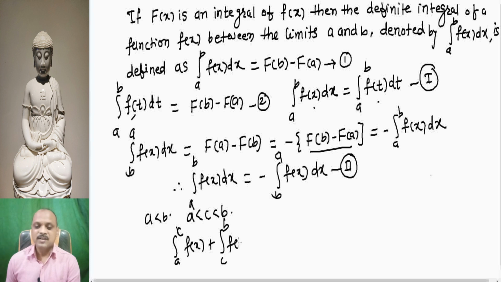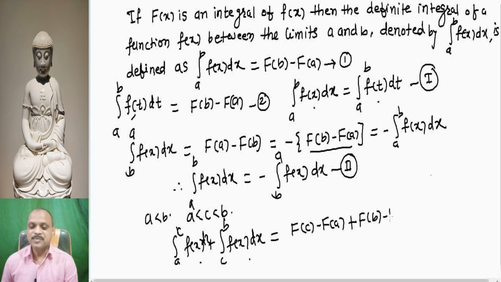By definition, the value of the first term is F of c minus F of a, plus the value of the second term, F of b minus F of c. Then you can see that plus F of c and minus F of c cancel and we have F of b minus F of a. What is this? This is nothing but the integral of f of x between the limits a to b.